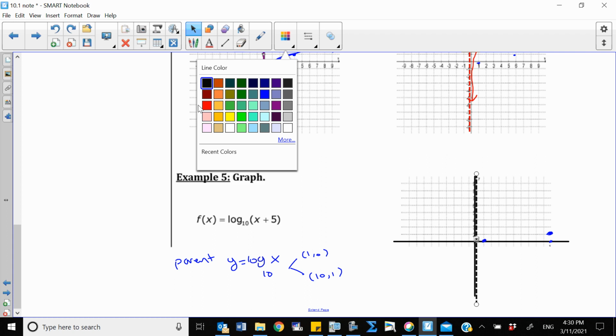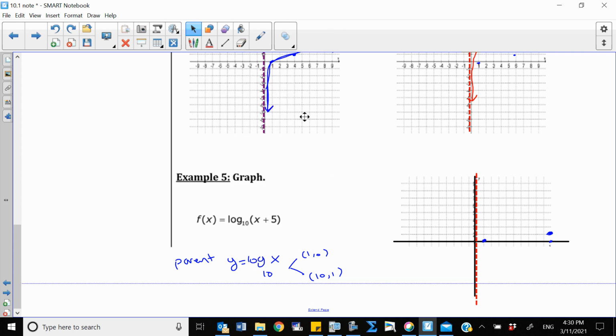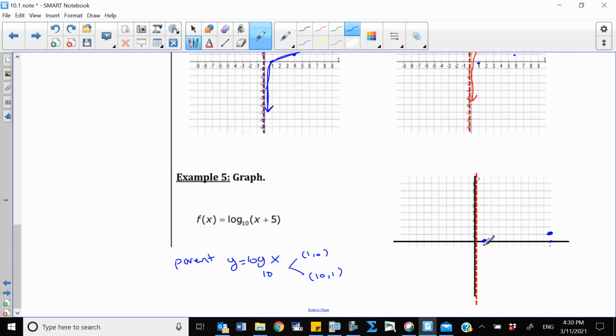I'm going to change the color. Okay, so what is my new function? It's log base 10 of x plus 5. That means we are moving the function left 5. So the 2 points are going to be moved left 5. 1, 2, 3, 4, 5.